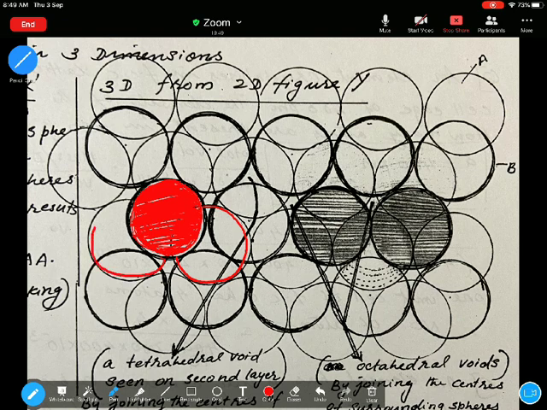This ball, and this ball. Means there is a gap in between these four balls. The line balls are of the first layer and the shaded ball is of the second layer. All balls are similar ones, same balls only, red balls. Now there is a gap between these four balls.